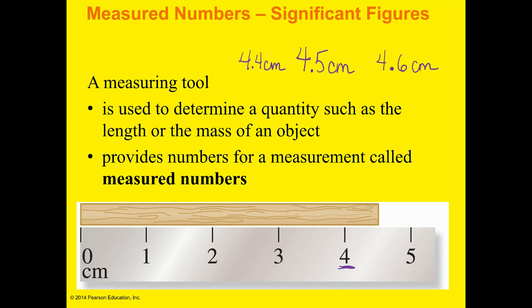Okay, notice what happens is that everybody's in agreement on the 4, but the tenths place is what's called the uncertainty. Meaning that it's our guess or estimate.